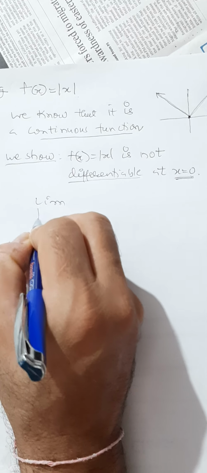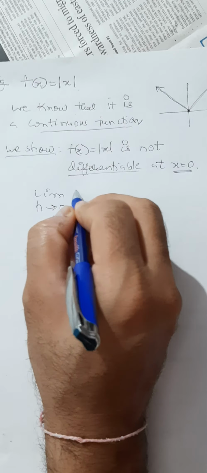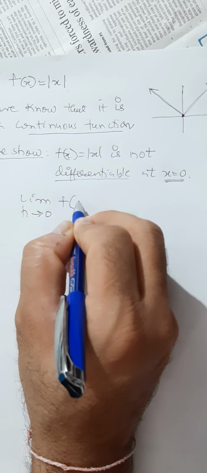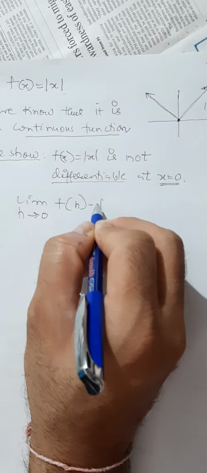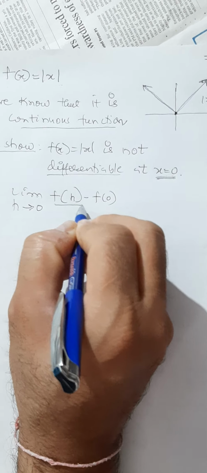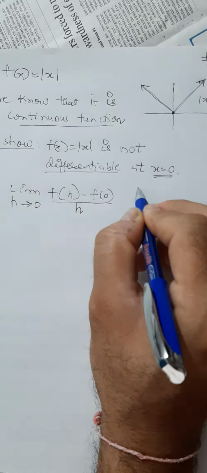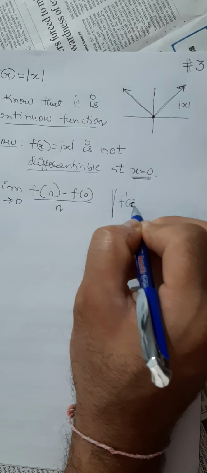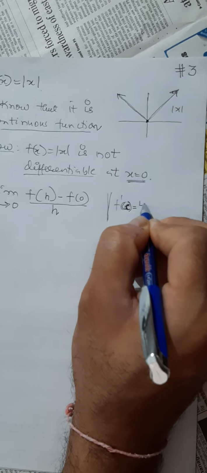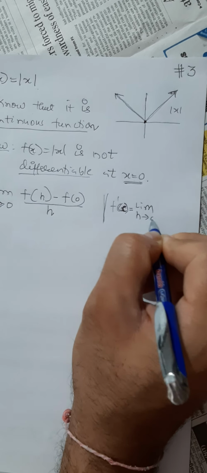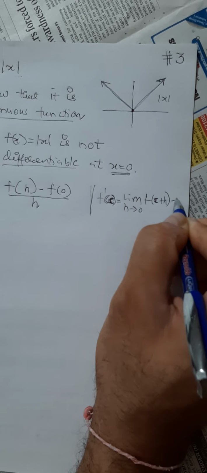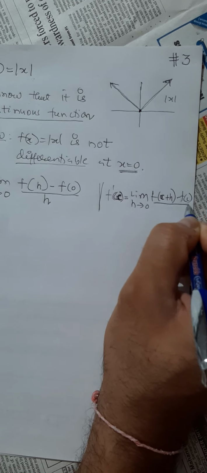Okay. So limit h tends to 0, (f of h minus f of 0) upon h. What I did, I've used this limit. Recall f dash c. What is f dash c? It is limit h tends to 0, (f of c plus h minus f of c) upon h.